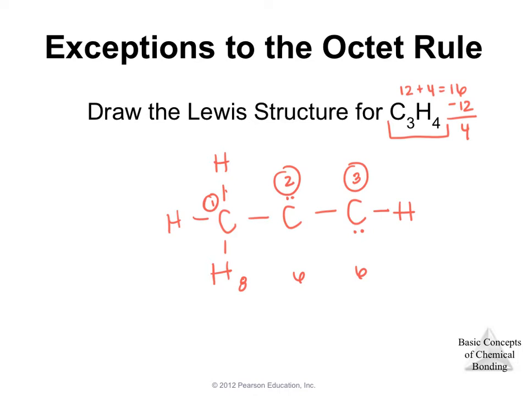So I know that I'm going to need to do some sharing. There are none to take from that first carbon, and I don't want to share with that first carbon because it already has 8. So I am going to take these electrons and drop them in. But that's only going to help my third carbon. So I also need to take these electrons and drop them in here.